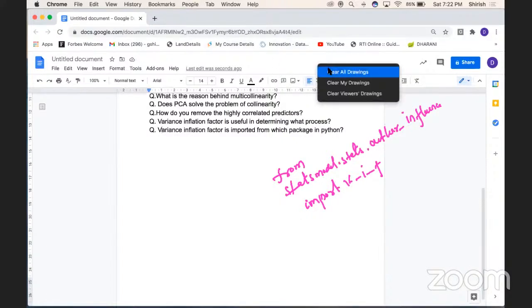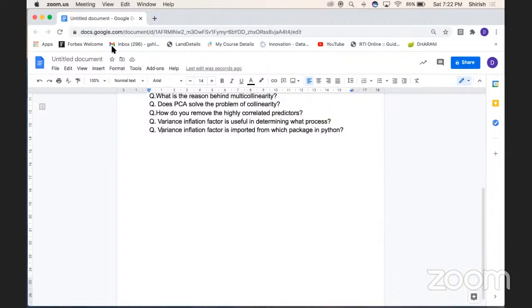Okay. So when you talk about variance inflation factor, we got the formula as 1 by 1 minus R square. Now, VIF can also be interpreted as 1 by tolerance, right? So how do you do it in R then?